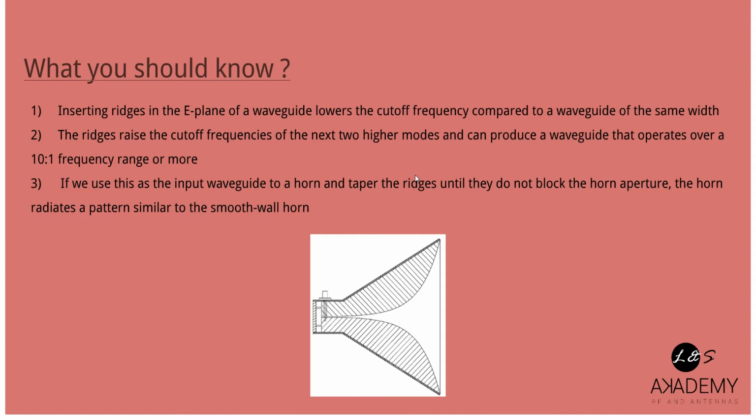And last but not least, if we use this as an input waveguide to a horn and taper the ridges until they do not block the horn aperture, the horn radiates a pattern similar to the smooth wall horn. This is another type of horn; you can Google it if you want, just to have a clear vision of a smooth wall horn.